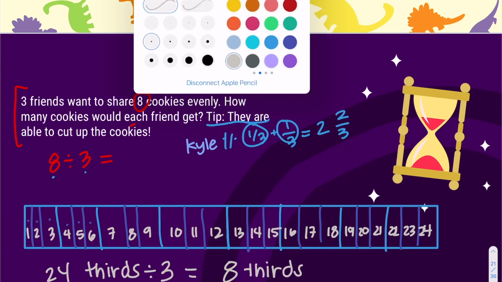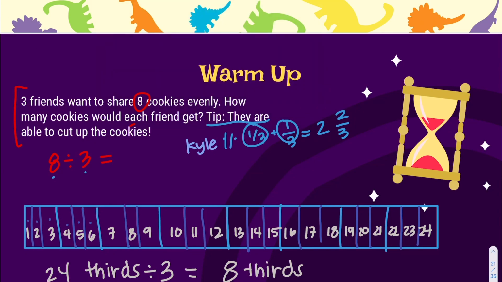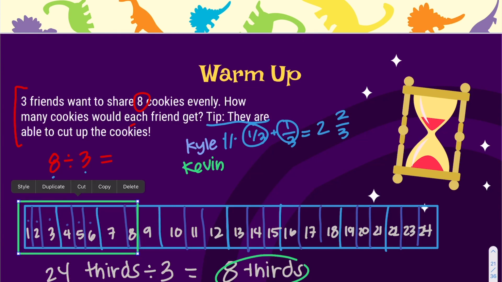So let's go back to what each friend got. So I'm going to first do Kevin. If you remember, this was Kevin's color. Kevin gets 8 thirds, it tells us. So we have 1, 2, 3, 4, 5, 6, 7, 8. Okay, so that's how much Kevin gets. I'm going to put his name at the top. Next, we have Kylie that was in orange, and we're going to go up to, let's actually just count.